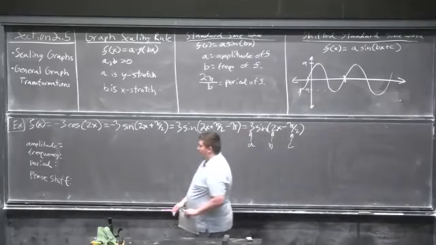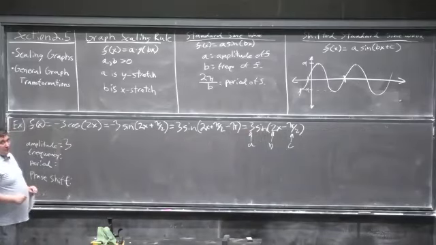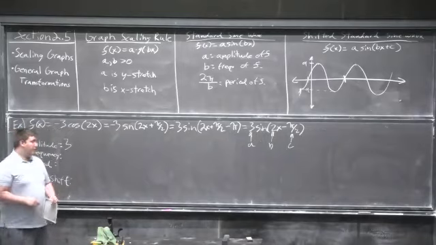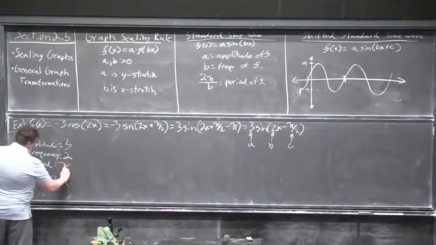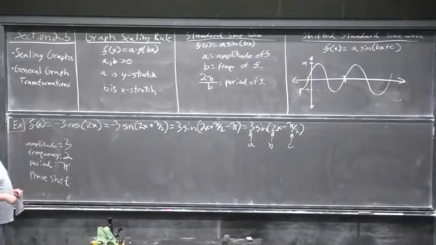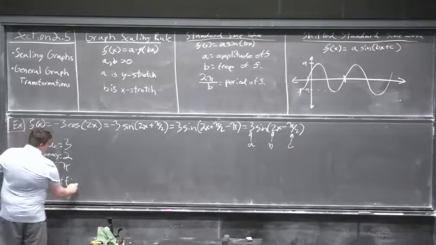So that tells me that my amplitude is 3. Nope, my amplitude was not negative 3. My frequency is 2. So my period is still pi because it's 2 pi divided by b, which is 2. And my phase shift is my negative c.